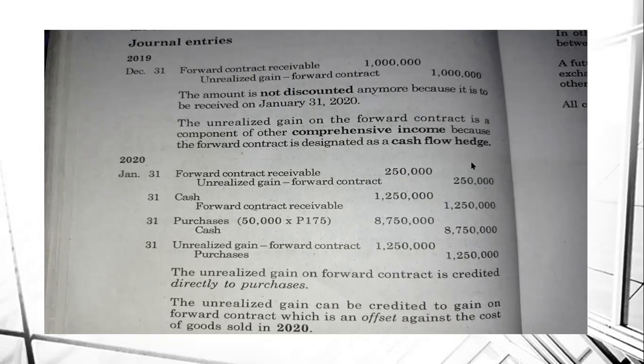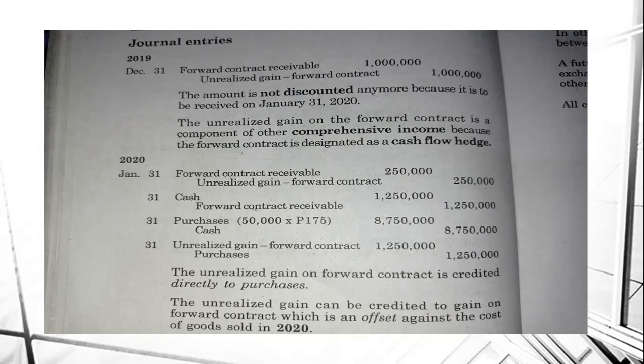On January 31, 2020, the forward contract receivable increased by 250,000, from 1 million to 1,250,000. So debit forward contract receivable, credit unrealized gain of 250,000. Then the cash for the forward contract, 1,250,000, was received. Then you recognize your purchases: 50,000 kilos of tobacco multiplied by the market value on January 31, so 8,750,000.